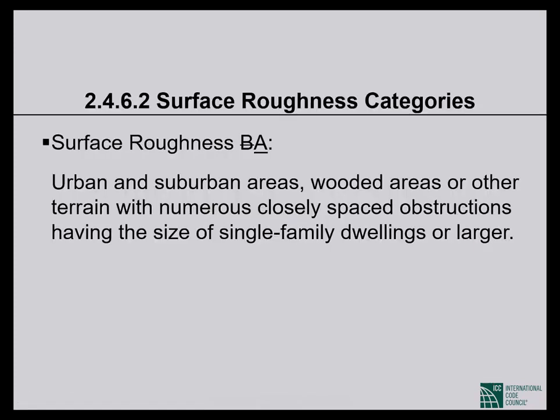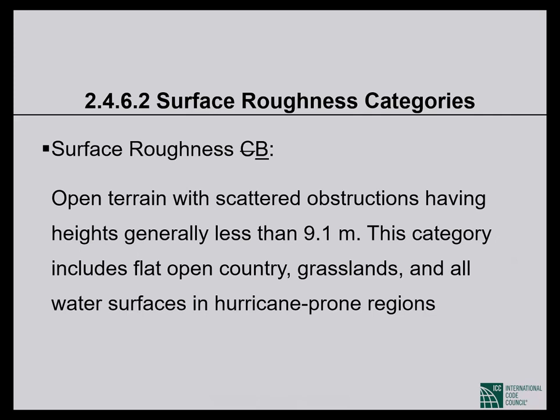Surface roughness A definition is urban and suburban areas, wooded areas, other terrain with numerous closely spaced obstructions having the size of single-family dwellings or larger. Surface roughness B, open terrain, scattered obstructions having heights generally less than 9.1 meters.